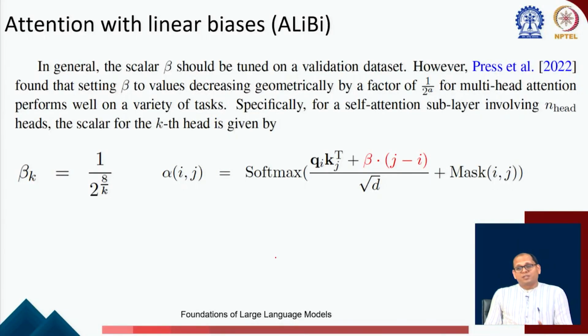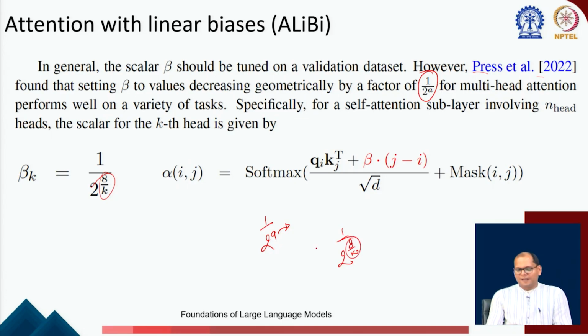Now, what is this beta? They have a scalar. They said okay, you can either fix it or you can even tune it on a validation data set. This paper for example said that it is better that you fix beta, and what they found works is a factor 1 by 2 to the power a, and because you are using multi-head attention, you can set a separately for different heads. So, you can set 1 upon 2 to the power 8 by k, for the kth head, right.